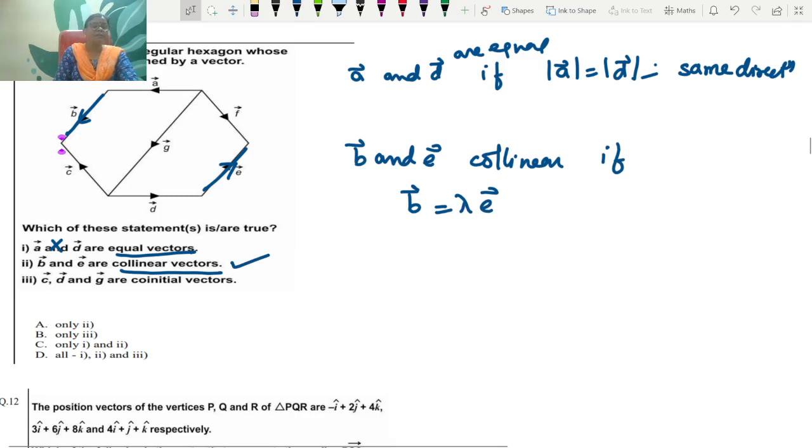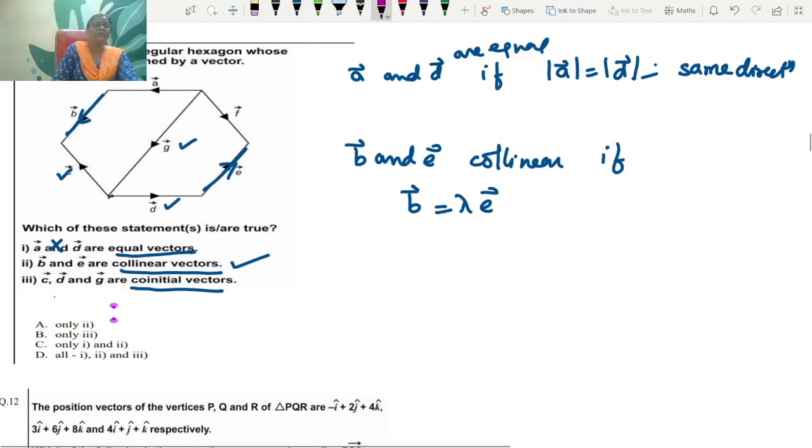Now the next statement that we have is C, D and G are co-initial. Again, see, we have gone through the three definitions. You are revising the three definitions. What is the meaning of co-initial vectors? Same initial point. That is, all the vectors start from the same point. Now, which are the vectors that they have said? B, G and C. These three vectors, the starting point of all three is the same.